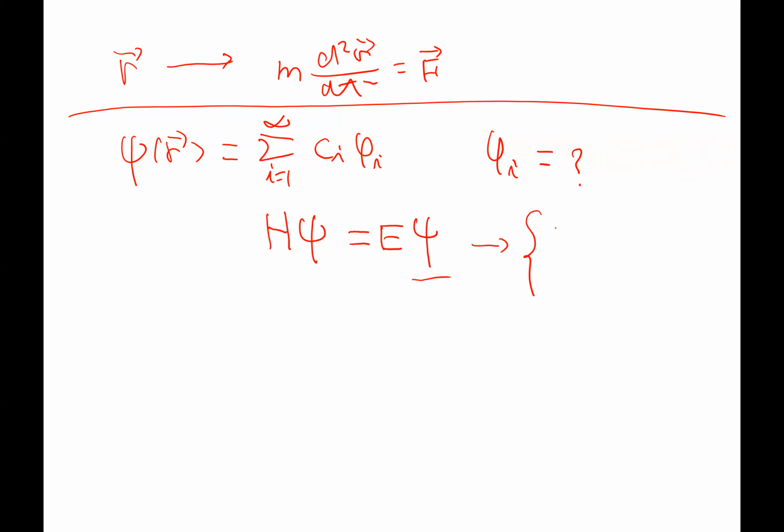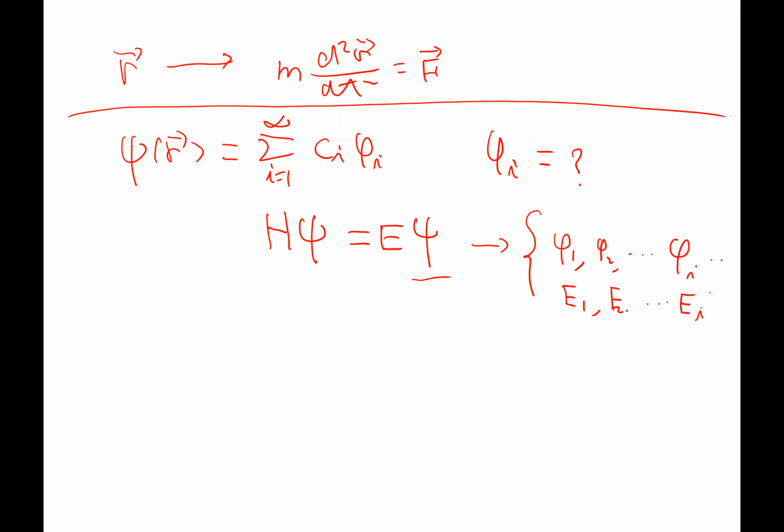So you have phi_1 and phi_2 and phi_3. Sorry, phi_i. All right, and corresponding to each of these, you have a different coefficient E_1, and then E_2, and then E_i.